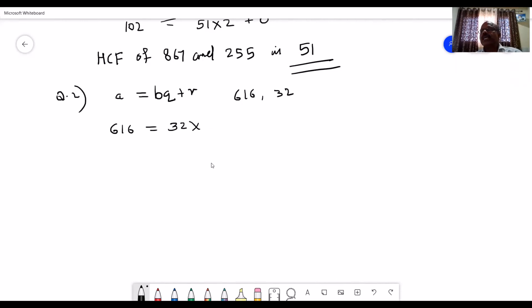We have to see how many times this 32 will go through 616. It is 19 times it will go. You can check it. And the remainder that we get is 8.